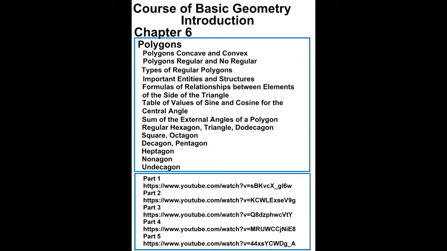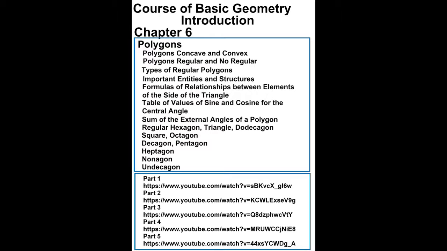This next slide shows the contents of Chapter 6 of the Basic Geometry course. This chapter presents the definitions, properties, and construction of various types of regular polygons. Polygons concave and convex. Polygons regular and non-regular.